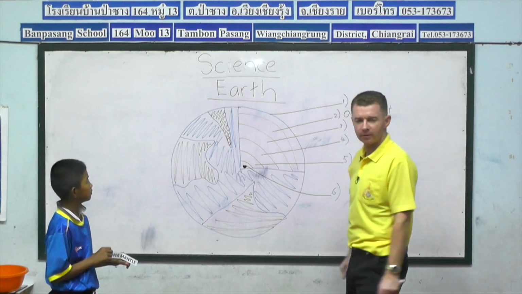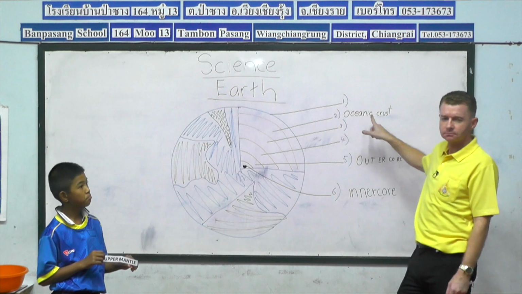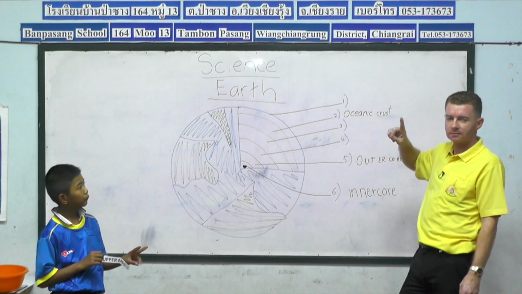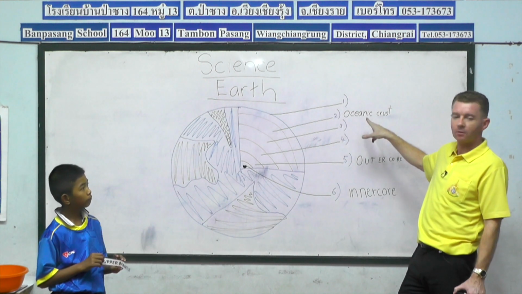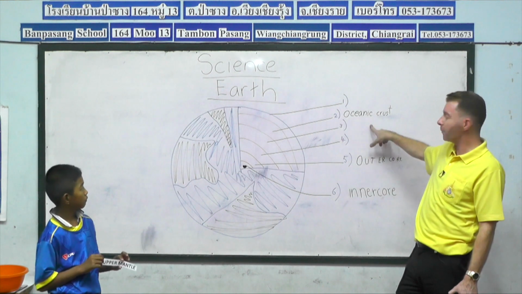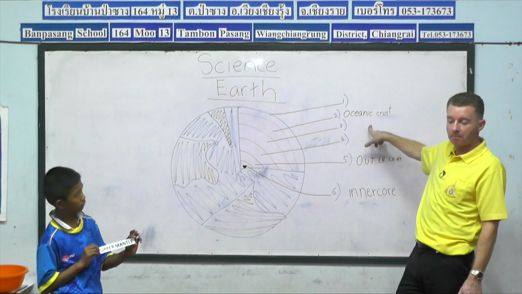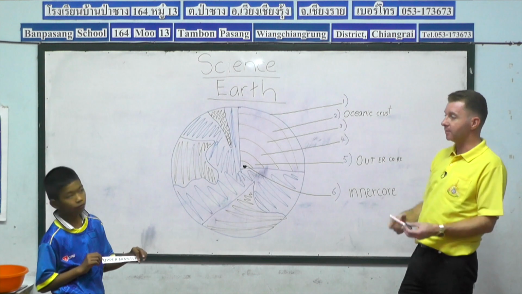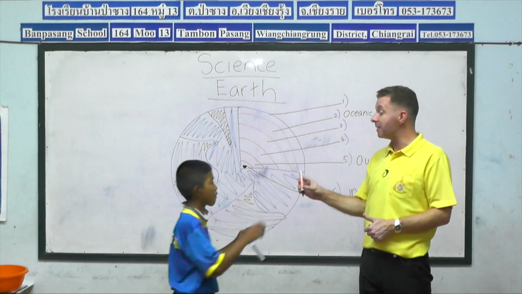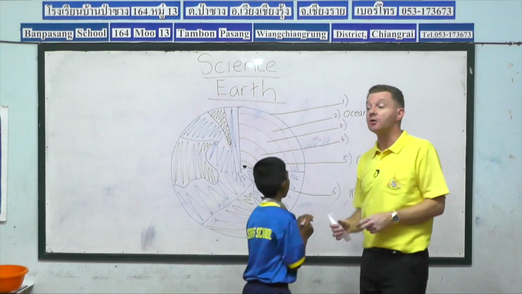Oh, sorry. Upper mantle. Look carefully. Upper mantle or lower mantle? Upper mantle will be number 3. Okay, so Pat, you can write upper mantle alongside number 3.